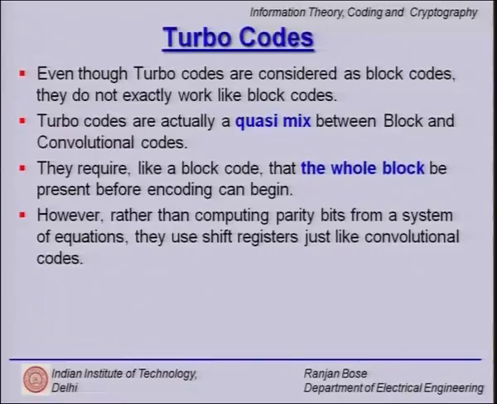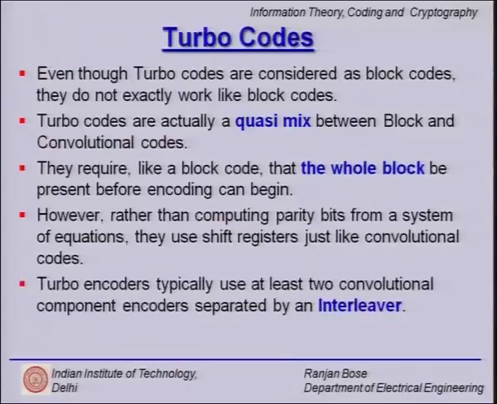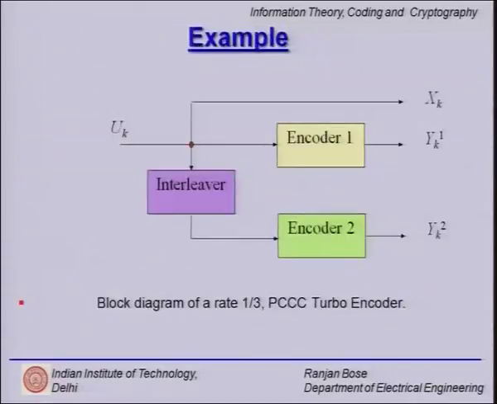In fact, turbo codes are a combination of 2 or more convolutional codes separated by an interleaver, as we will shortly see. So, they typically use 2 or more convolutional component encoders, which are separated by an interleaver. This is called concatenation. We can have a series concatenation or a parallel concatenation.